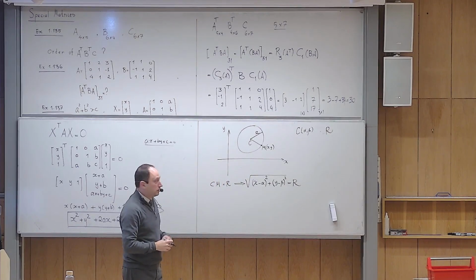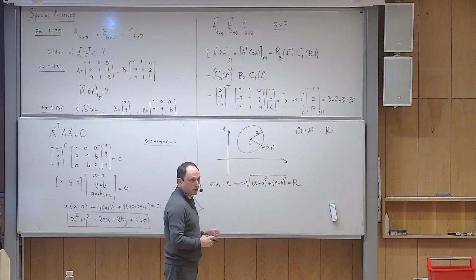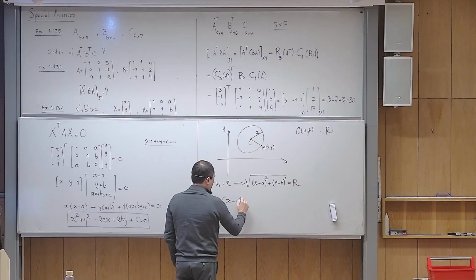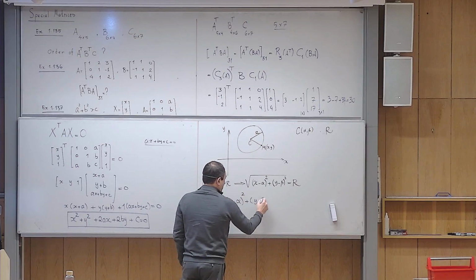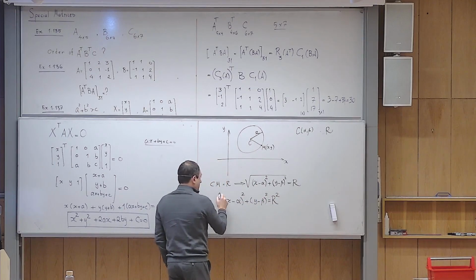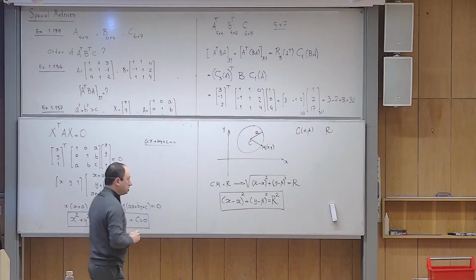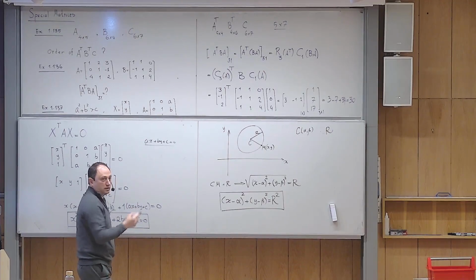This is an equation of this circle, but it is common to get rid of the square root sign by squaring both sides. This is something I want you to at least get familiar with. So this is an equation for the circle centered at C, alpha and beta, whose radius is r.